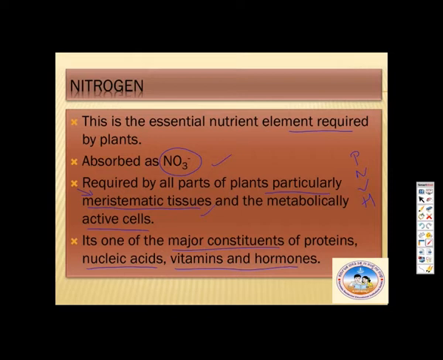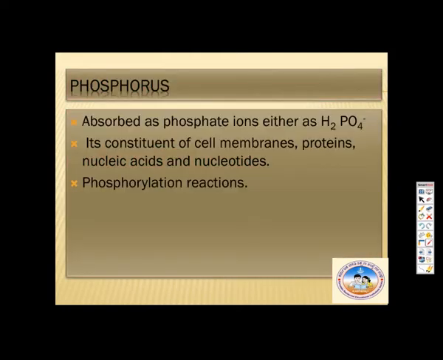Moving ahead, the next one is your phosphorus. Now, coming to phosphorus, children, phosphorus is usually absorbed as phosphate ions. What is it absorbed as? Phosphate ions, that is nothing but your H2PO4 minus. Now, it's a constituent of the cell membrane, proteins, nucleic acids, and nucleotides.